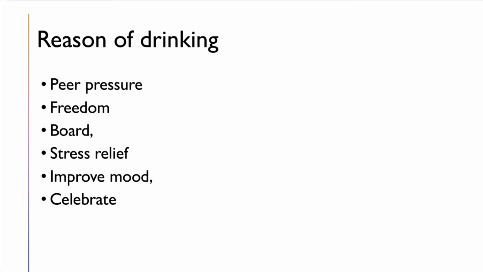Fifth, improve mood. Alcohol is known to take the edge off anxiety and nervousness. That's why students drink. Some also believe that drinking alcoholic beverages may enhance the taste of food and improve their mood. And finally, many students choose to drink on special occasions.